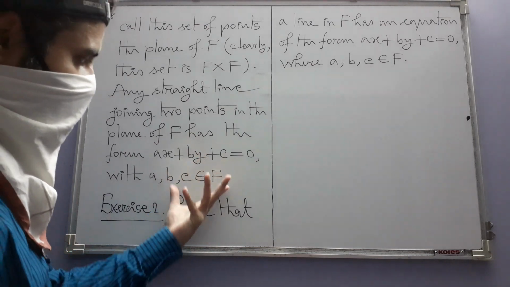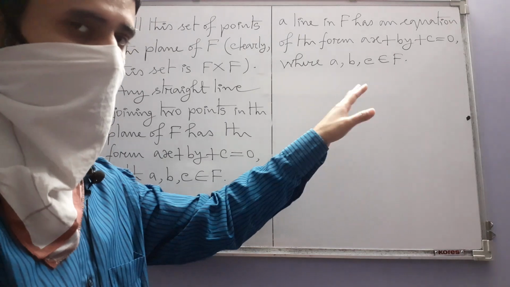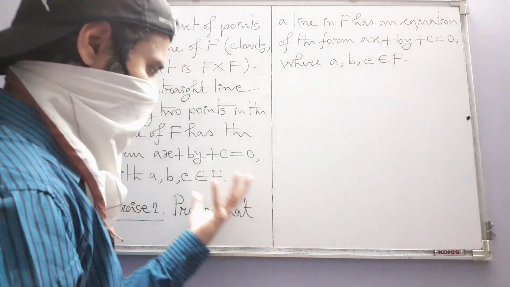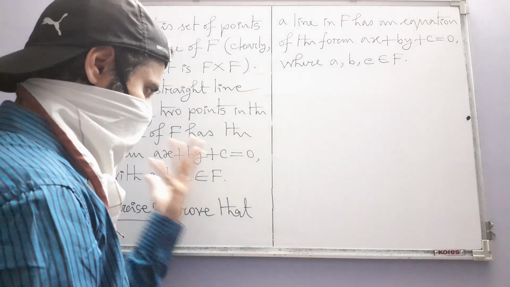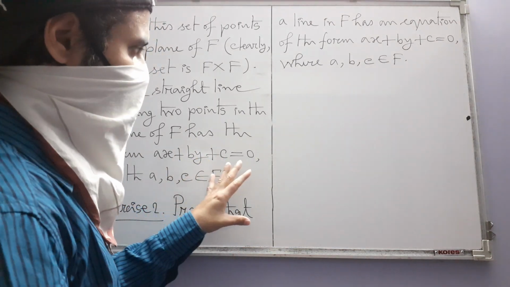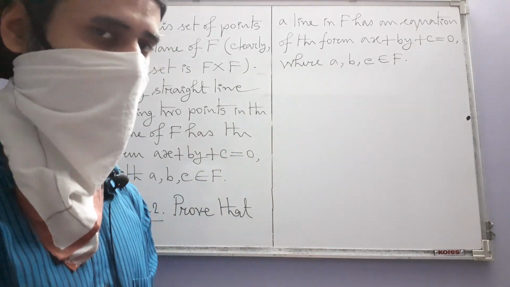Actually the discussion goes on. We have stopped here to solve this exercise, but the discussion goes on, and towards the end of this paragraph such lines and circles are also going to be talked about. They are called lines and circles in F.